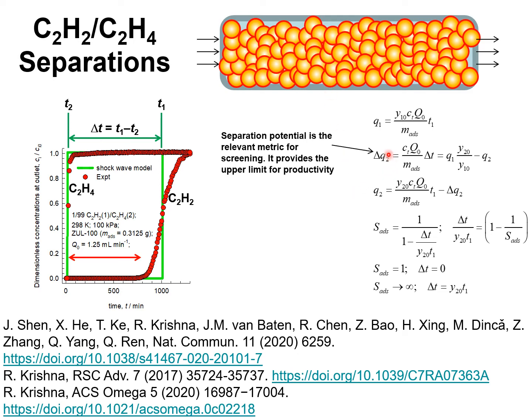To repeat again, delta Q2, Q1, Q2 and S adsorption are all calculable from the IAST, but these interrelationships with the shockwave model allow us to focus in on the relevant metrics for a given separation. So if we are aiming for the highest productivity of C2H4, delta Q2 is the metric we should be looking at.